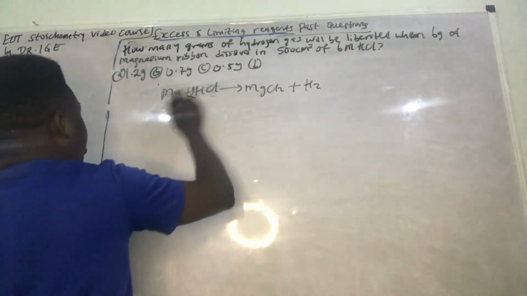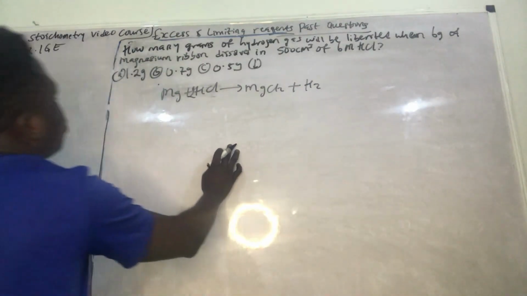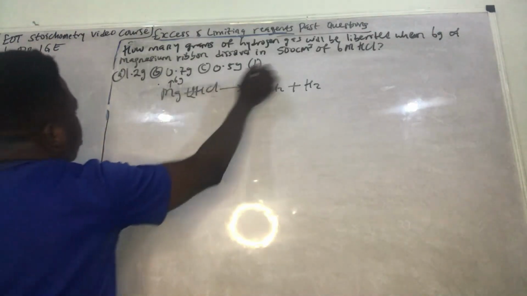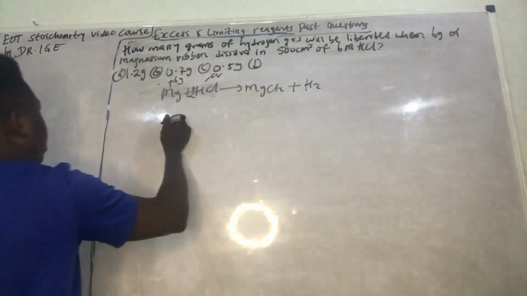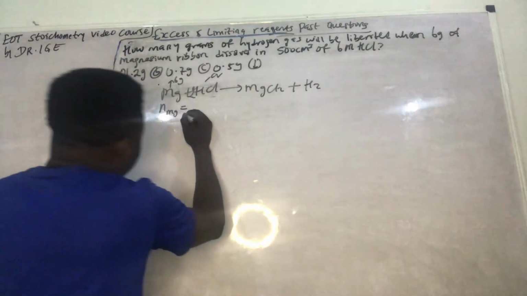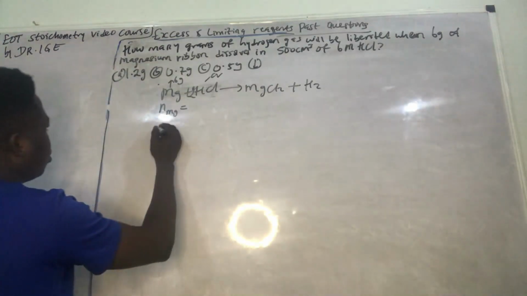We have 2H here, everything is balanced. And they gave us 6 gram of this guy. And they gave us CV of this guy. So let's look for the one that is smaller, which of them is the limiting reagent.